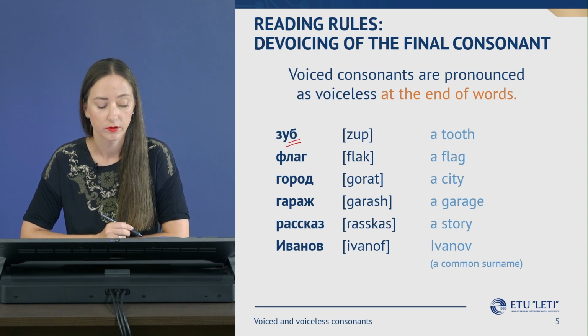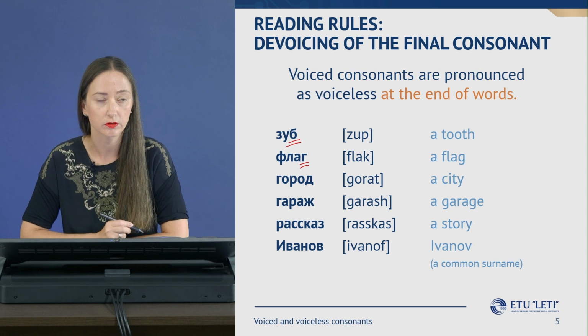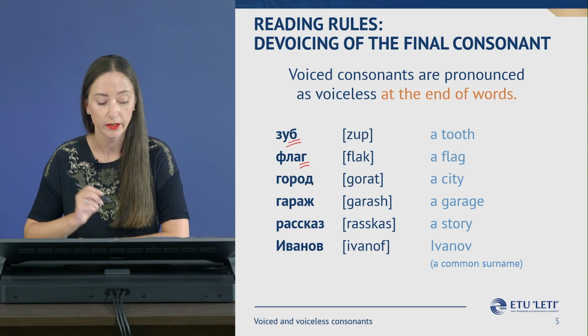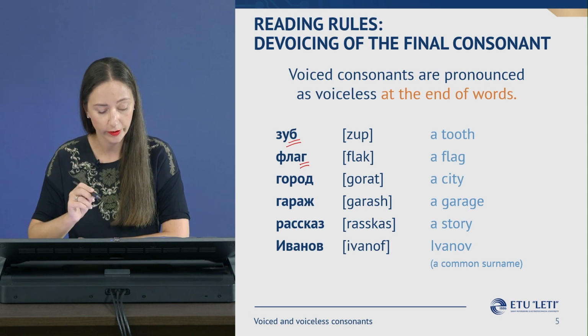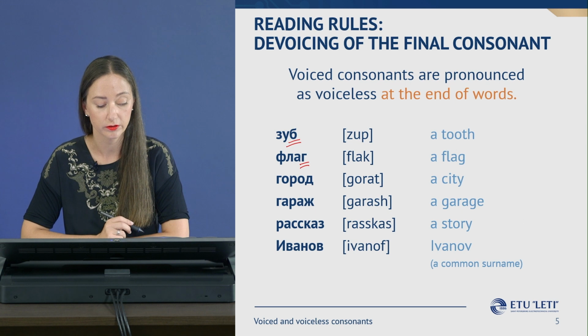The next one, flag. And again, you see this familiar letter, g, and you are tempted to say it like in English, flag, right? But no, it's at the end of the word, so g becomes k. You study the pairs and you choose the voiceless counterpart for that letter.